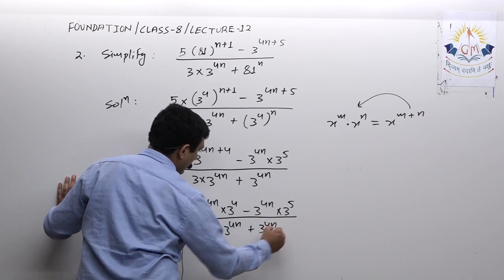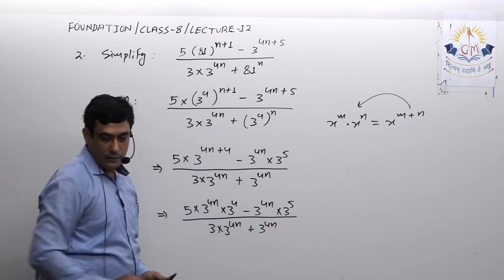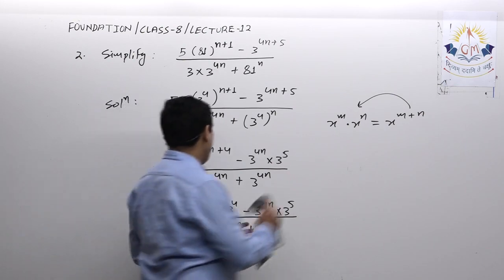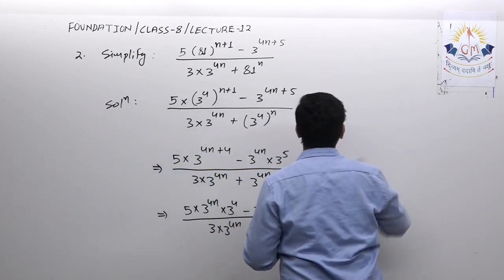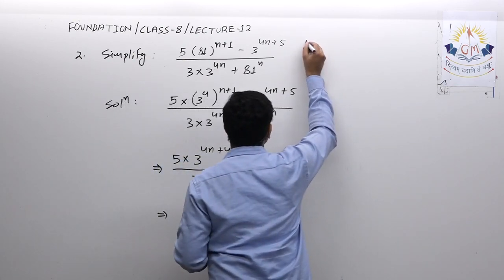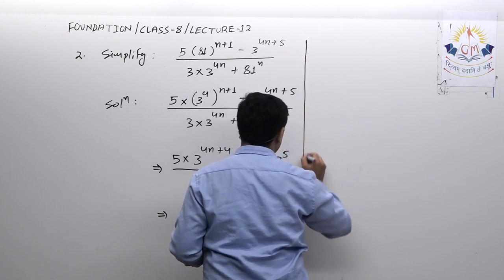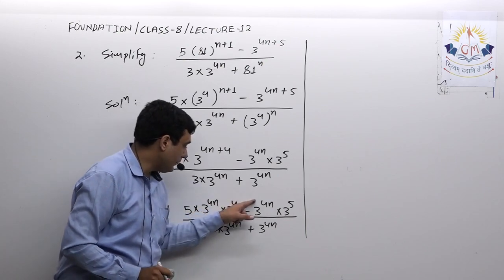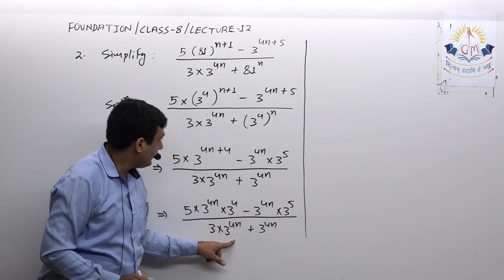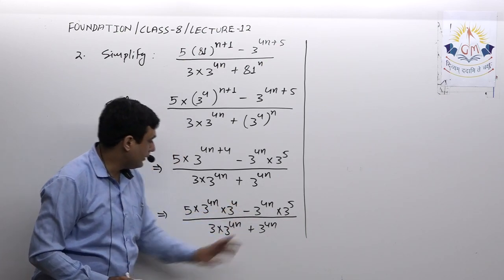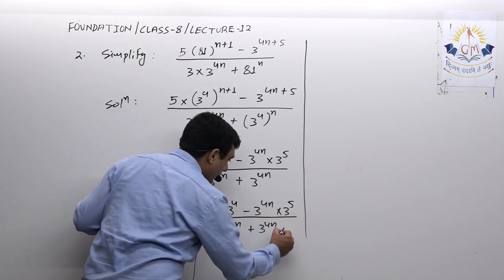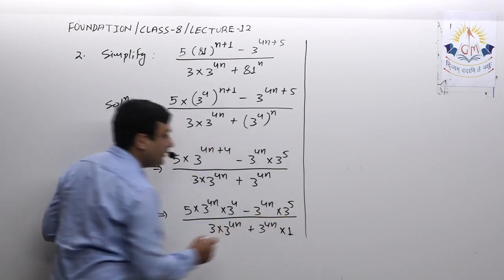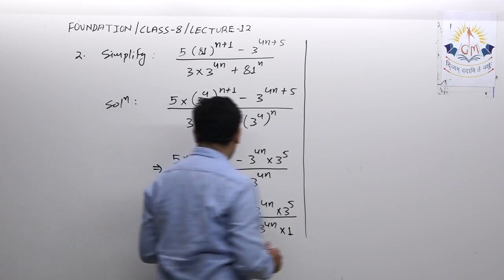Okay, now I can take 3 raised to 4n common from the numerator as well as from the denominator. You can see 3 raised to 4n in the first term and second term of the numerator, as well as in the first term and the second term of the denominator. With 3 raised to 4n I have 1 in the multiplication, 1 is always there.